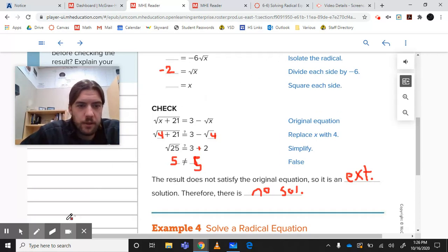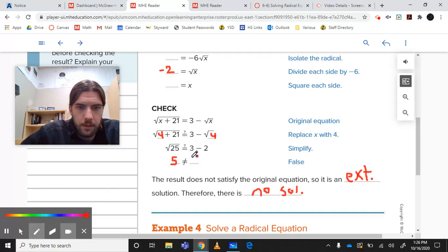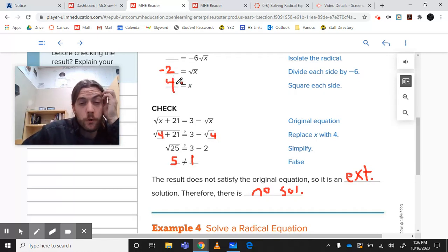If we're going through the steps and we get a solution, our solution was 4, but then we put our solution back into the equation and that answer does not make the equation work in all cases. Maybe in some cases where we take a certain square root, it works, but it does not work in all cases. Then this is what is considered an extraneous solution.